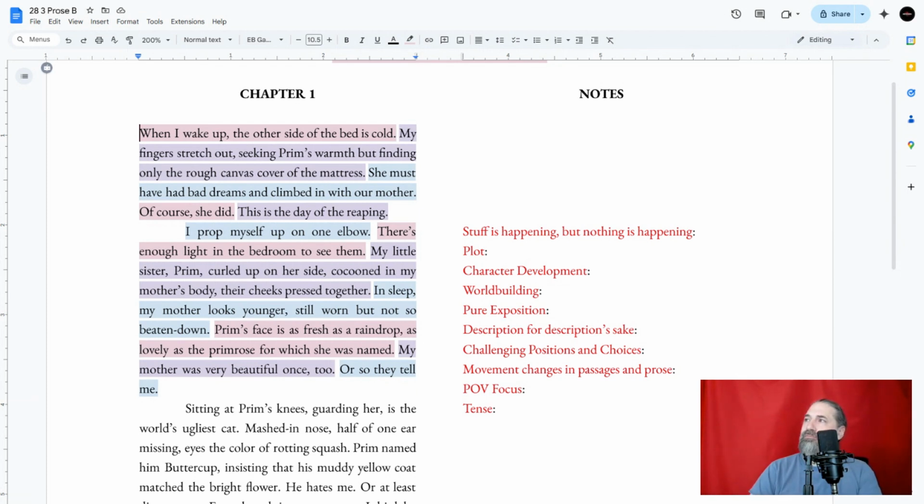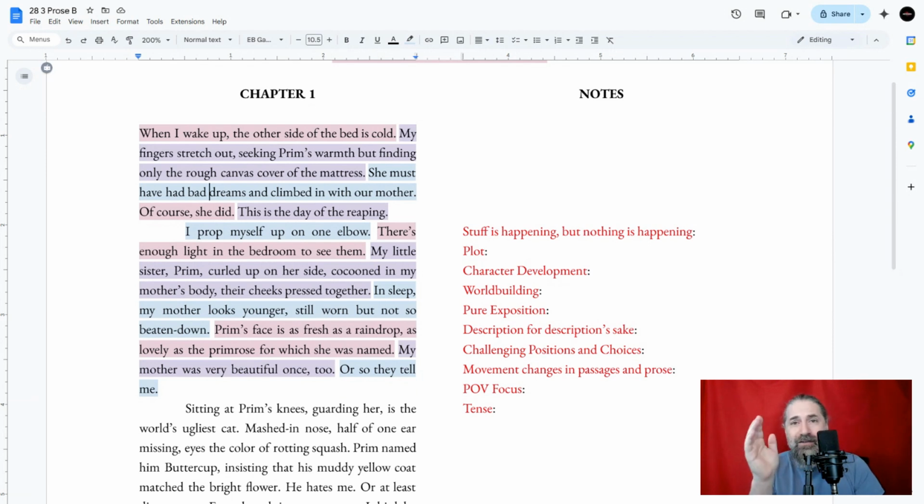For example, "have bad dreams," right? It's pretty generic and bad in the sense of like, she must have had bad dreams. There's no tactile or visceral element to it. There's no emotional truth. She's just describing it as a bad dream, right? It's generic and bland. And that choice is okay.